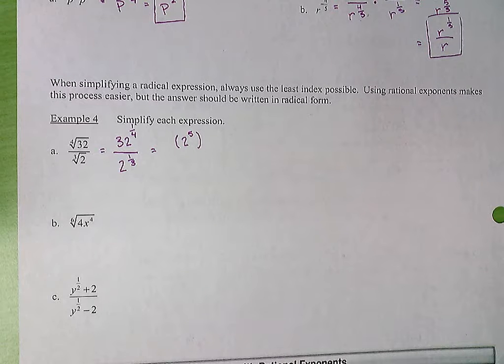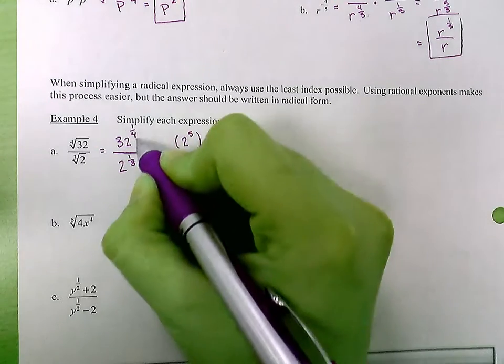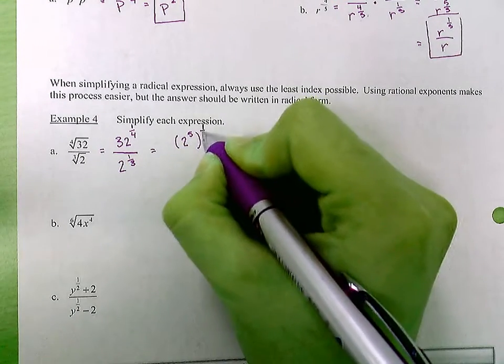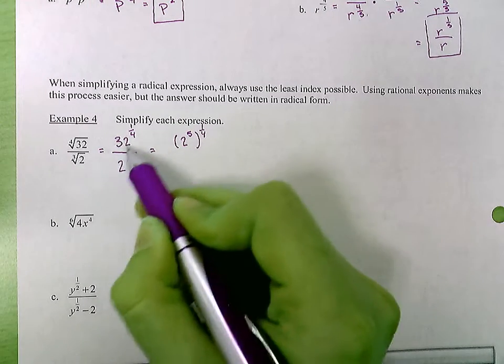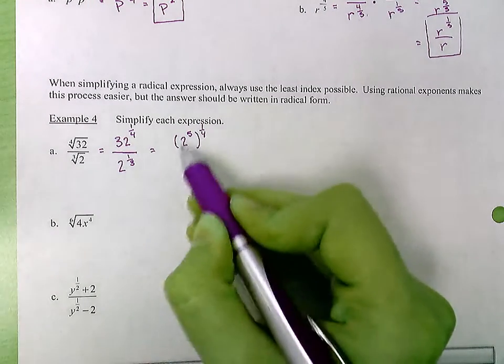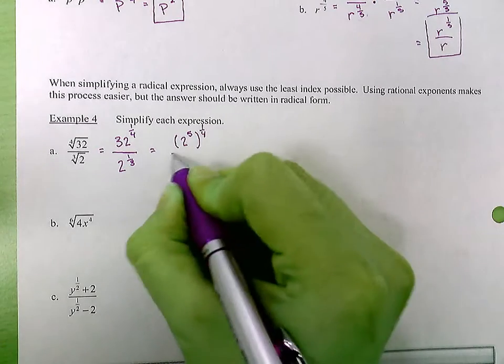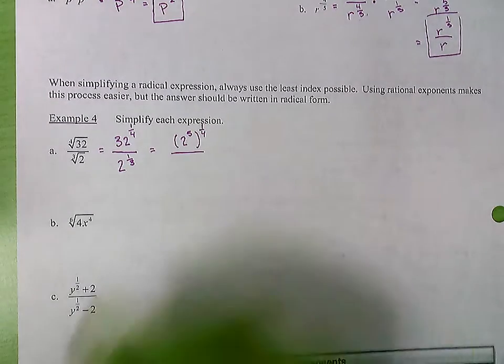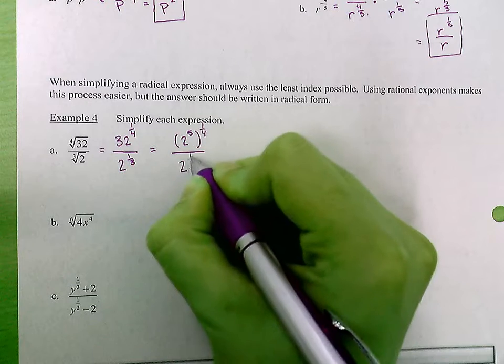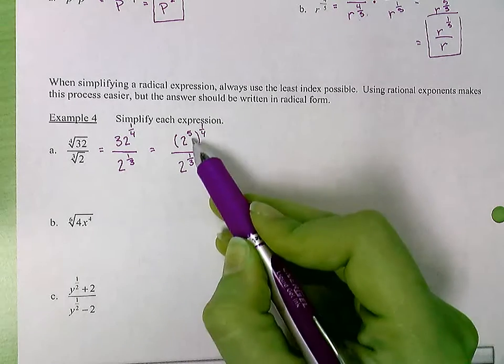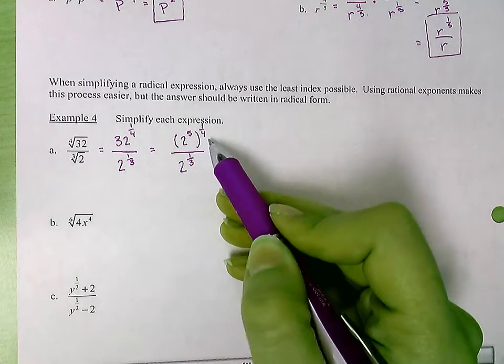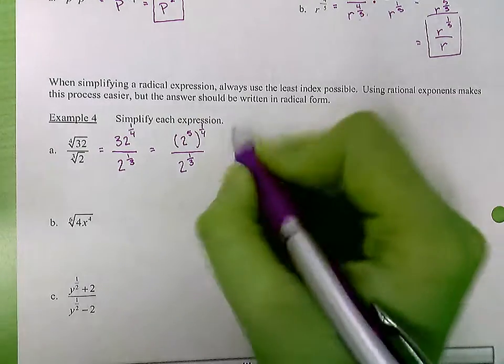I'm doing that so I have common bases in the numerator and the denominator. And I still have this 1/4 power. All I did was change this 32 into 2 to the power 5. That's still over 2 to the 1/3 power. From here, if I have an exponent raised to an exponent, I can multiply those together.